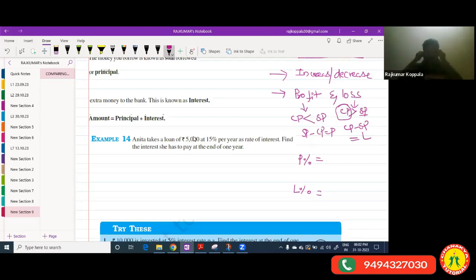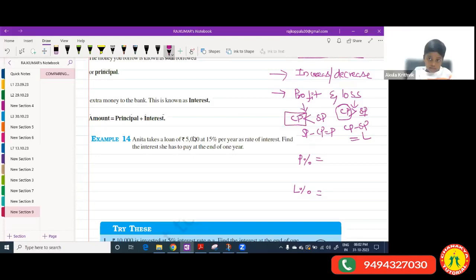But if you want to get the percentage, then what do we have to do? Percentage of profit or loss we will calculate only on the cost price, right? Tell me, give the response.